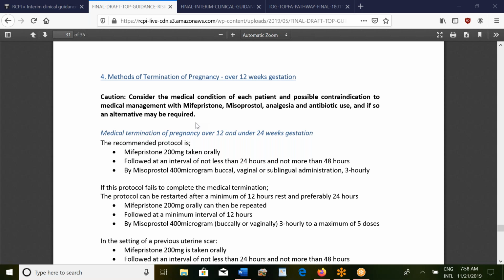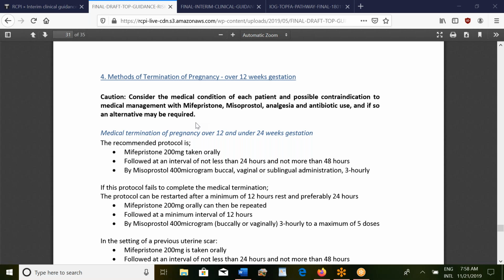Then we say that again, the same routine: you will offer medical termination over 12 but under 24 weeks of pregnancy, with your prescription which can be taken orally, followed by an interval of not less than 24 hours and not more than 48 hours. But usually they will call the patient back at 36 hours. All routes can be used.